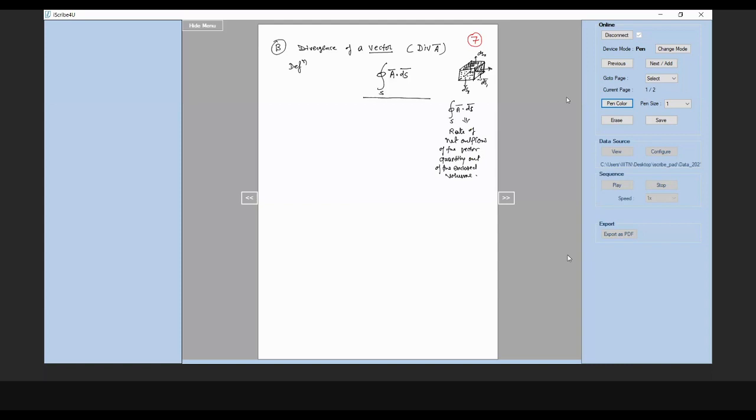The volume of such an incremental enclosed surface would be delta V. Therefore, per unit volume means dividing by delta V. So it is rate of net outflow per unit volume, because ds has a volume delta V, so I have divided by that.